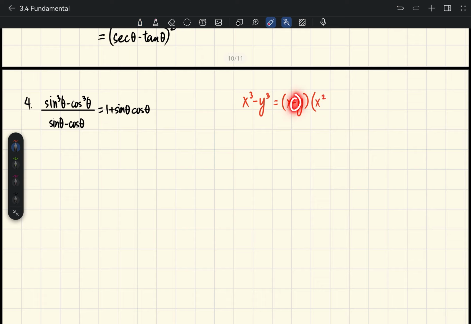Then since this is a minus, the second term here would be plus the product of these two. Then finally plus the square of the second term.